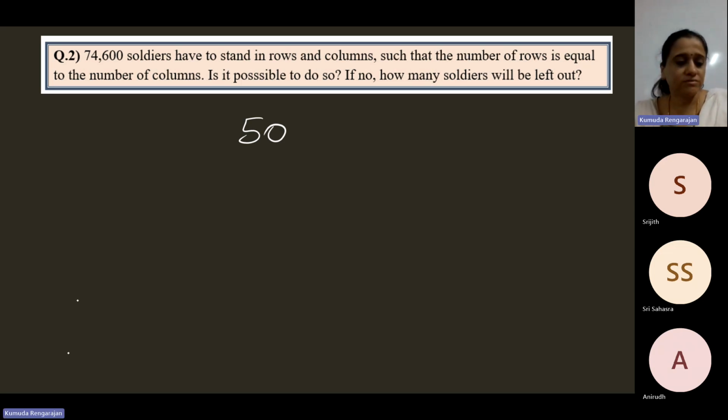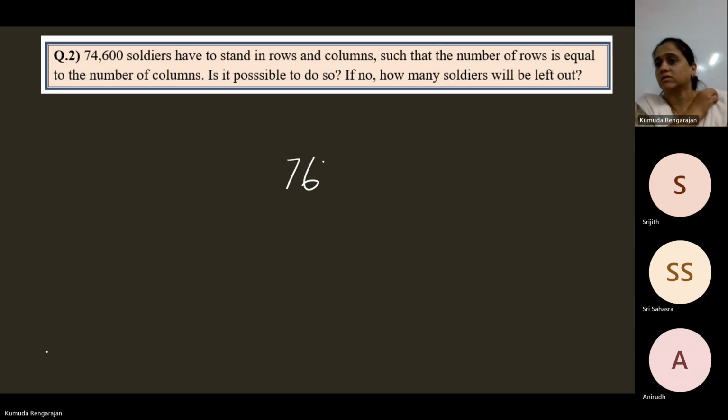Now, if the number is 76, how many children in, how many children out? 76.